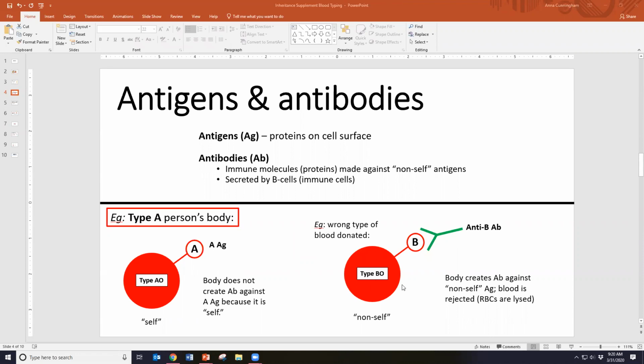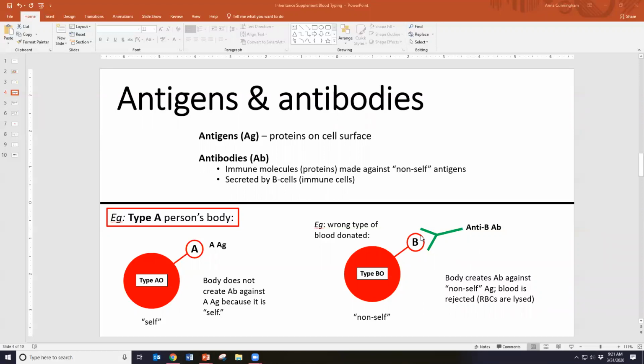If you had the wrong type of blood donated, that would mean you would have what's called a non-self antigen present. If you look on the left, remember that the type A person's blood has an antigen that belongs to them, so again, a type A person with the type A antigen, a self antigen.